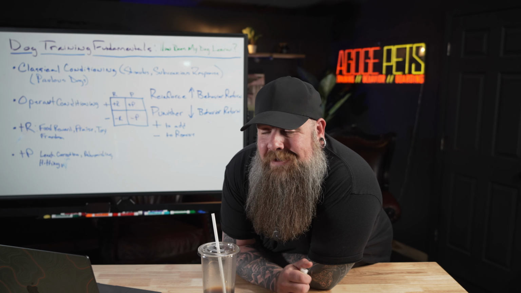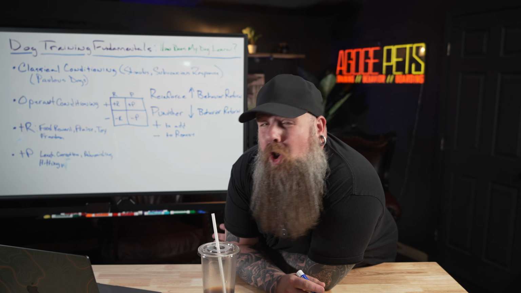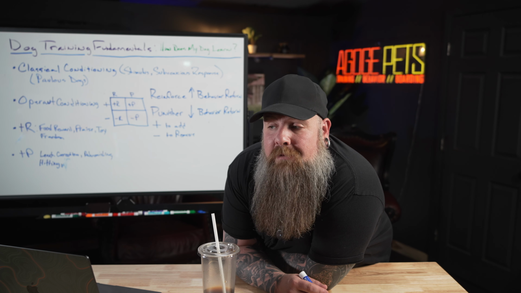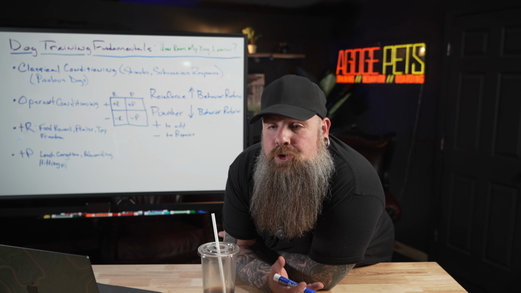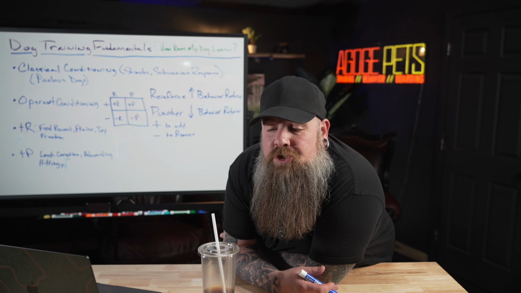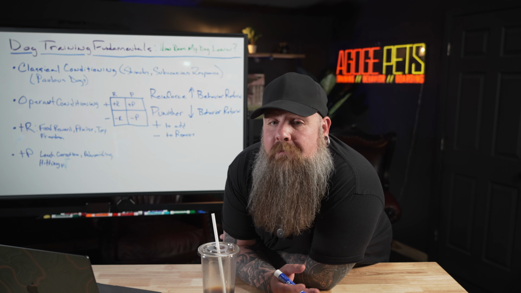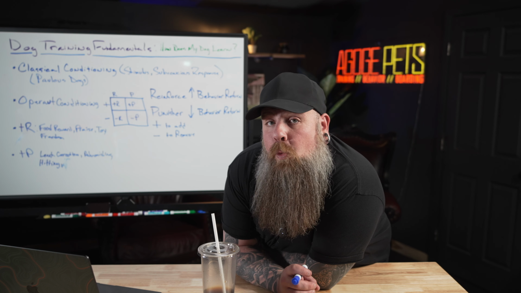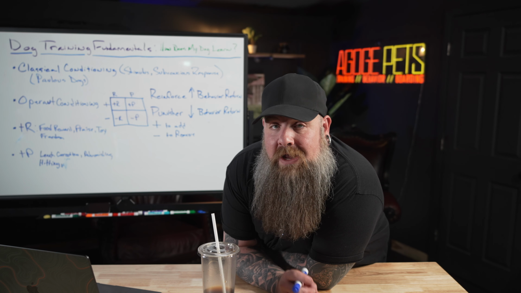Negative reinforcement is probably the toughest of all four for humans to wrap their head around. The primary reason is because it literally means to remove something in order to increase the likelihood of a behavior returning. Now, this is not a perfect example, but it works and it helps people wrap their heads around it.